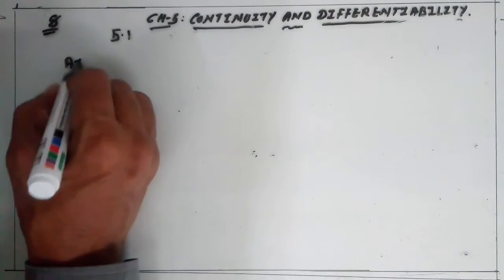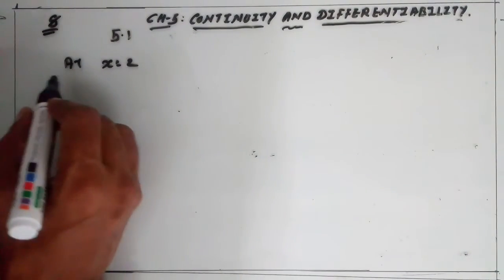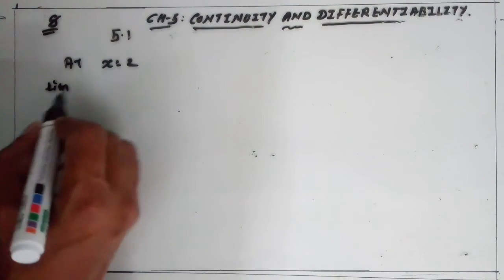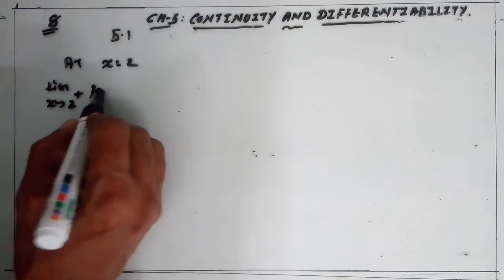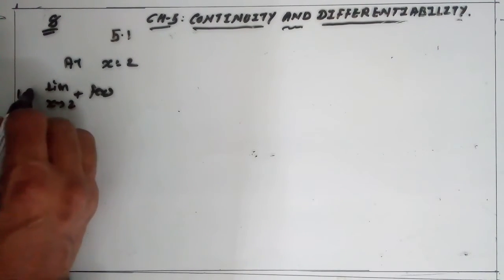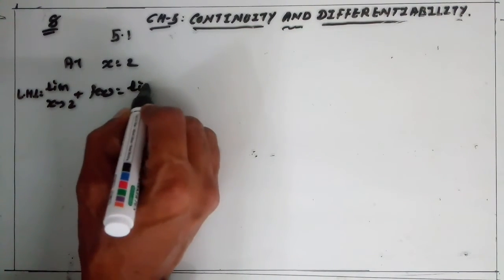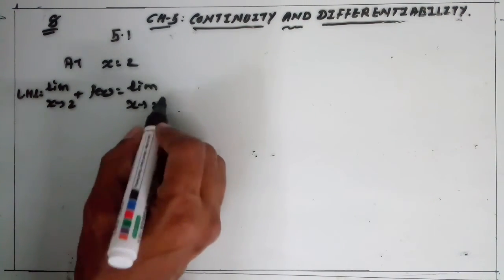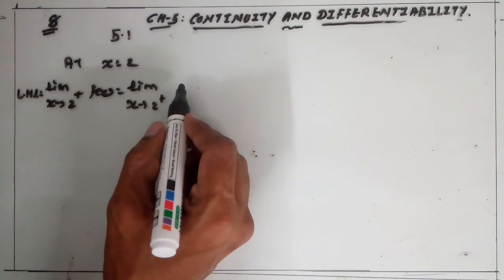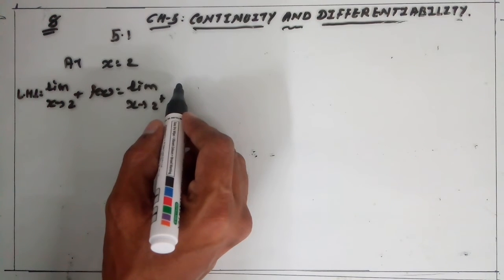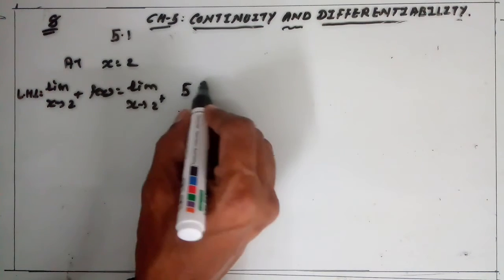At x is equal to 2, limit x tends to 2 positive f(x) is equal to limit x tends to 2 positive, here positive means values of x greater than 2. In this case we have only the function 5, a constant function.